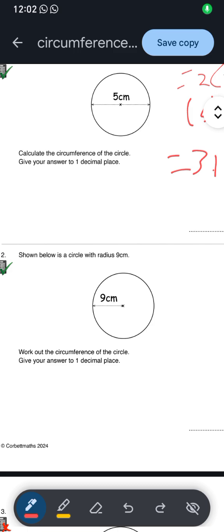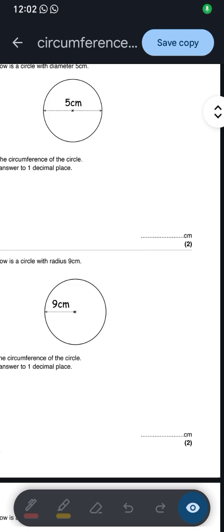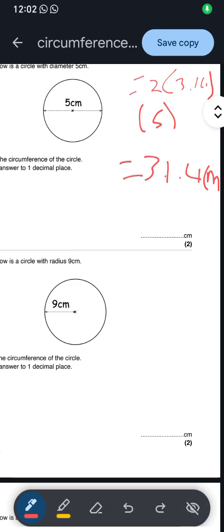So guys, here's number 2. We see that the radius is 9 centimeters. Work out the circumference of the circle. Give your answer to one decimal place. So guys, we just do the same way we did on number 1. You can pause the video and try it yourself. Remember guys, same method.